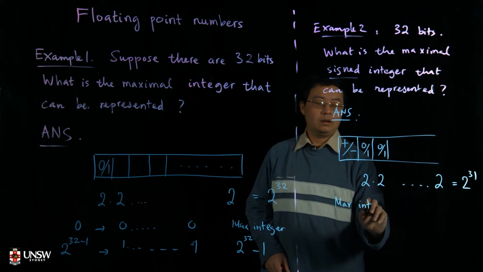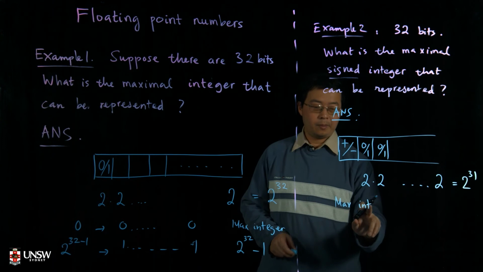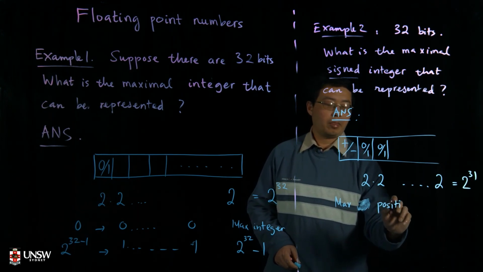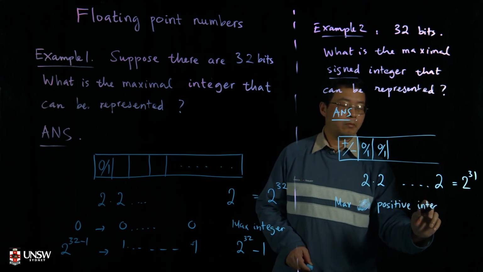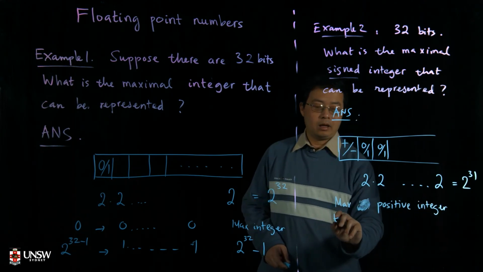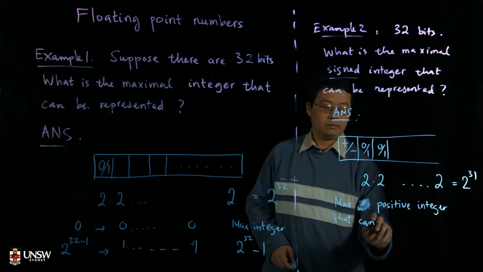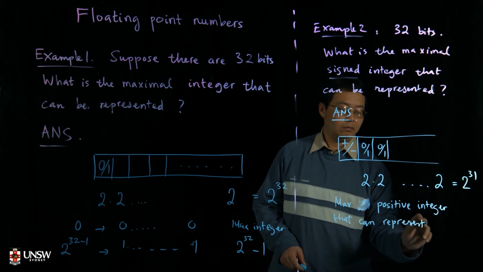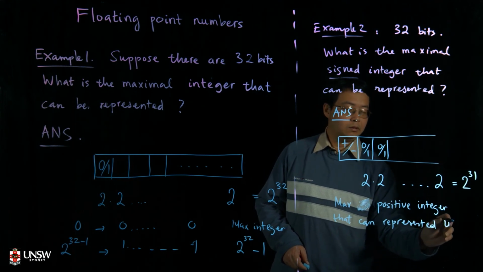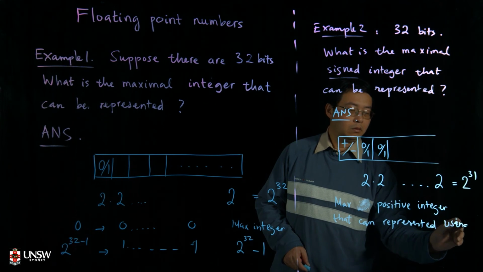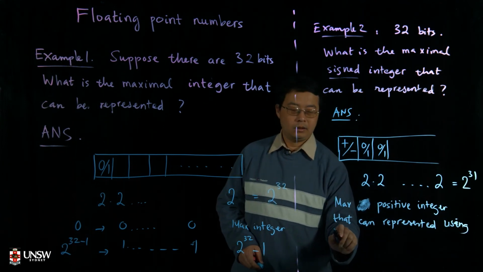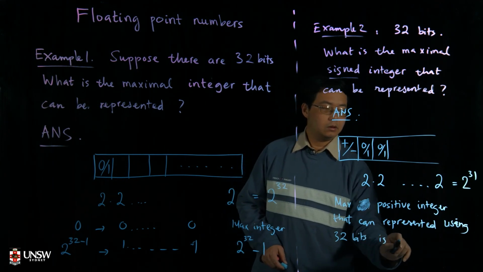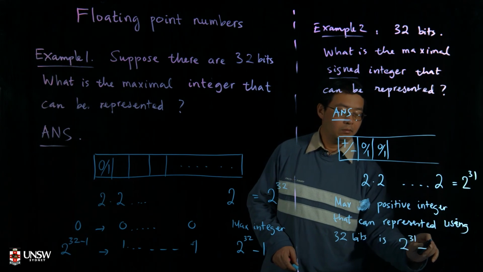And then the max positive integer that can be represented using 32 bits is 2 to the 31 minus 1.